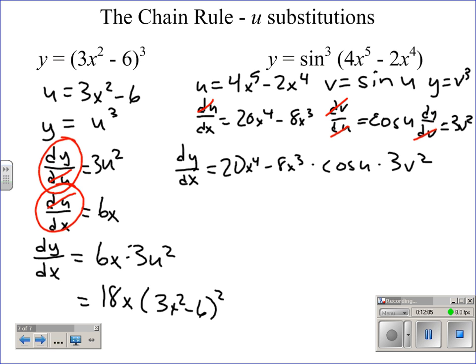Resubstituting gets us the function in terms of x.